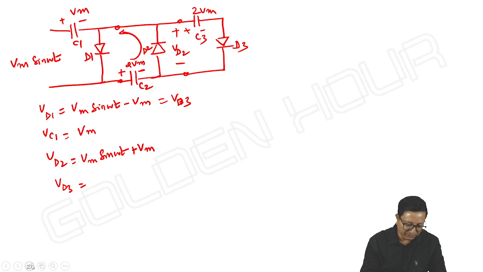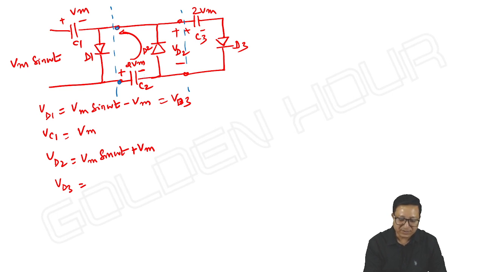Alternatively, see what we did here. If you observe this, here C1 D1 combination is a negative clamper. Next, whose output is given as input to another positive clamper. So its output is here, that is given as input to a positive clamper.